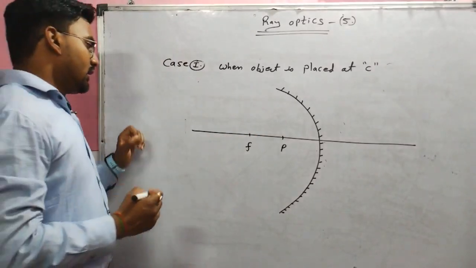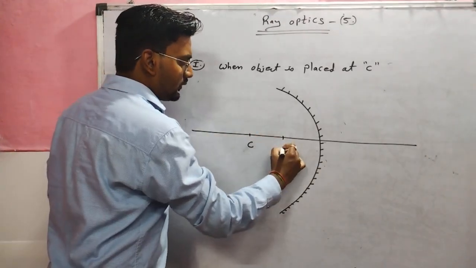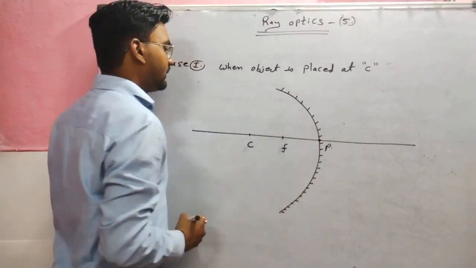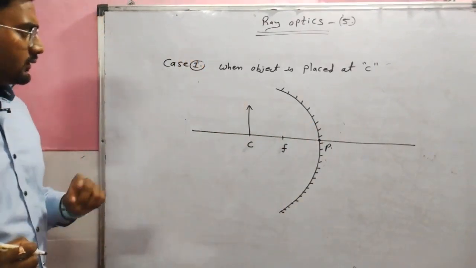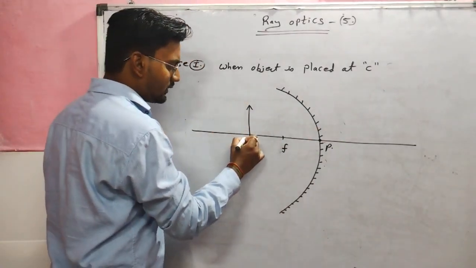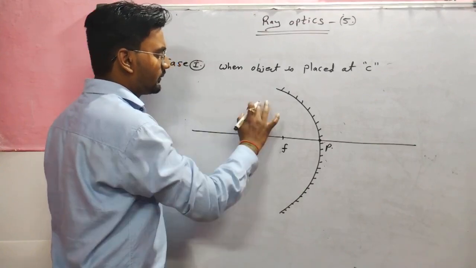Okay, now this is our center of curvature, focus, and this is pole. Now we are going to put the object at C. Suppose this is our object, point OA.